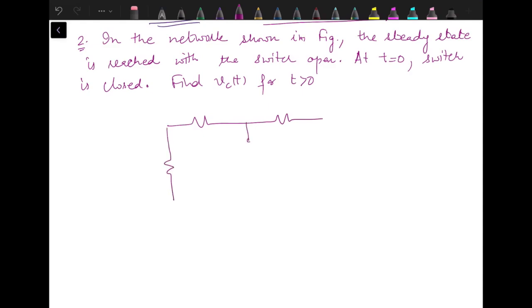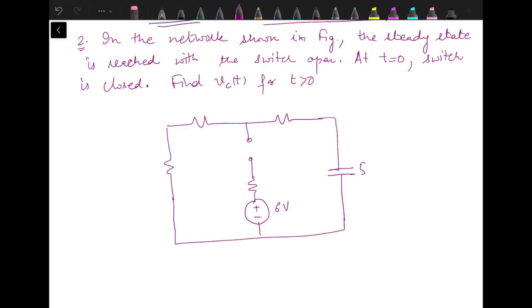We have a switch over here, a five microfarad capacitor, 5 kilo ohm, 1 kilo ohm, 3 kilo ohm, 2 kilo ohm, and this switch is closed at t equal to 0.